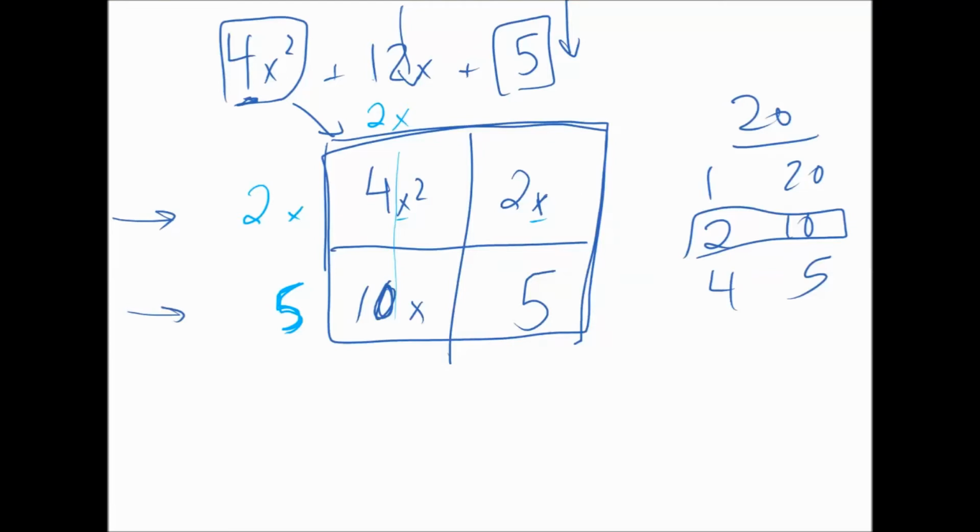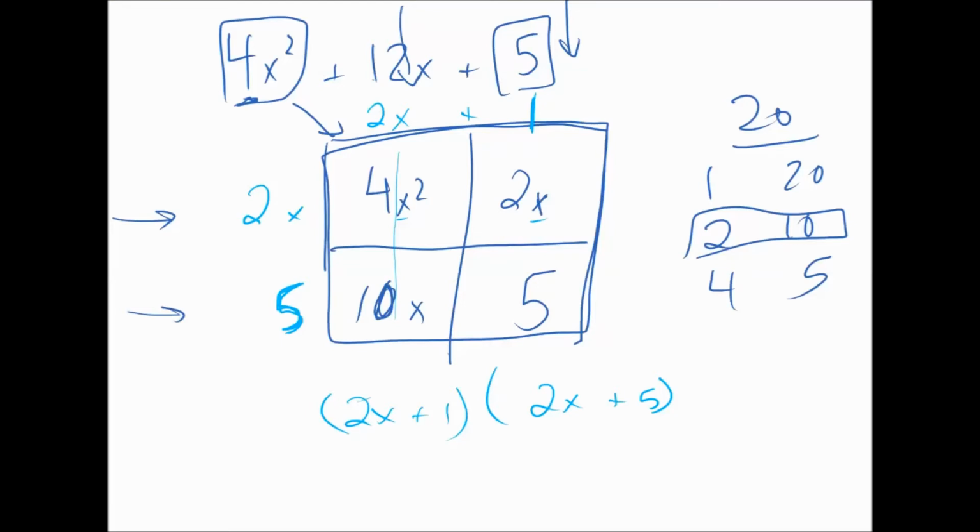And from 2x and 5, we can't factor out anything, so I'm going to put a 1, because you can always take a 1. So our answer will be 2x plus 1 and 2x plus 5. That's what it looks like when we factor it.